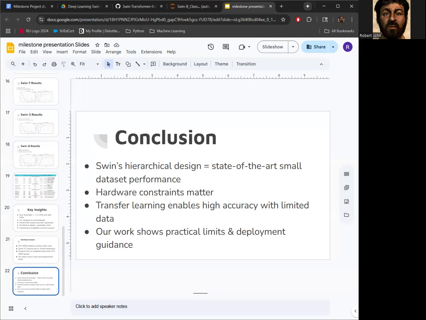They directly shaped which models we trained and how efficiently. Transfer learning played a key role, allowing us to achieve high accuracy despite limited data. Overall, our work not only benchmarks Swin against other architectures, but also offers practical insights into the limits and constraints of deploying these models in real-world resource constrained environments.